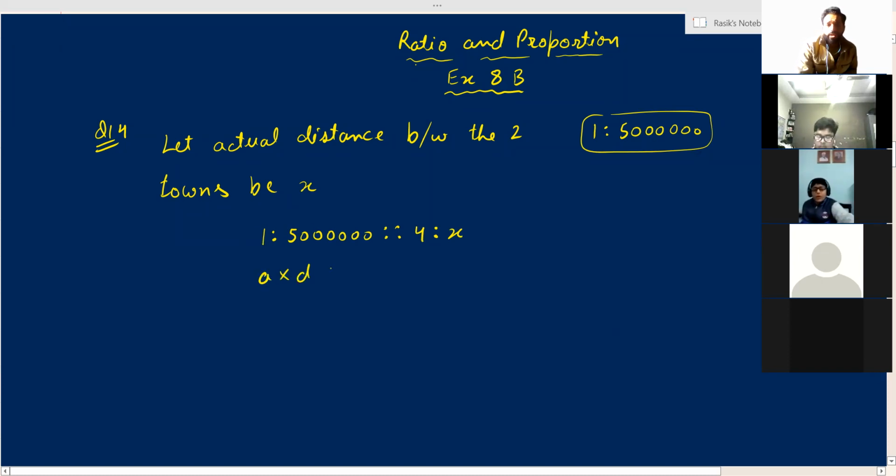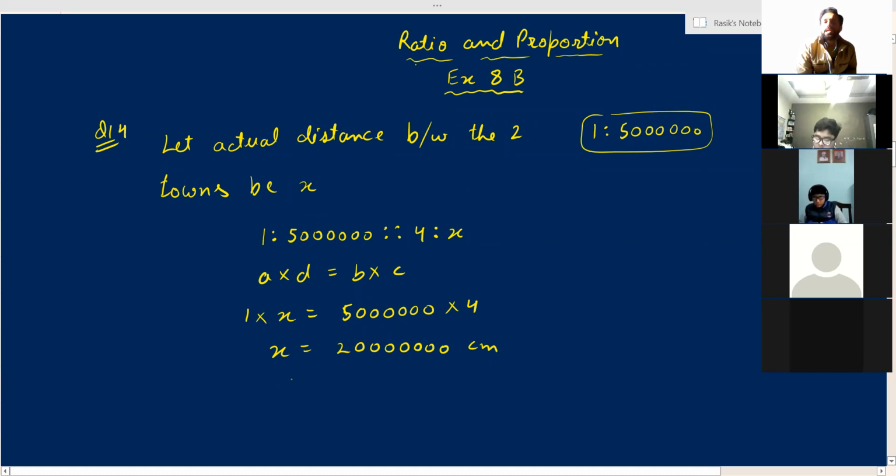So A into D is equal to B into C. When four numbers are in proportion, we use the formula product of extremes equal to product of means. So 1 into x is equal to 50 lakh into 4. So x equal to 2 crore centimeters. Okay, this is in centimeters, but you will change it in kilometers.